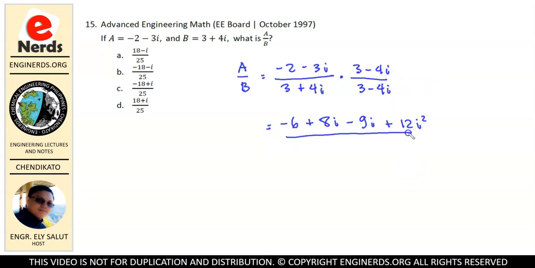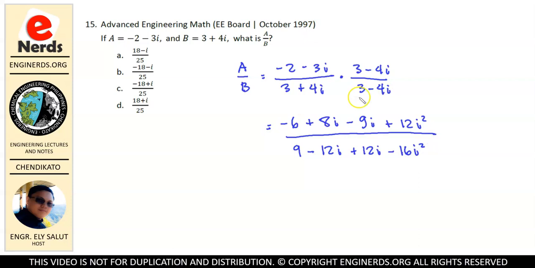Okay, so this will be over 3 times 3, which is 9. Then 3 times negative 4i will be negative 12i. Plus 4i times 3, we will have plus 12i. Then plus 4i times negative 4i will have negative 16i squared. Okay?